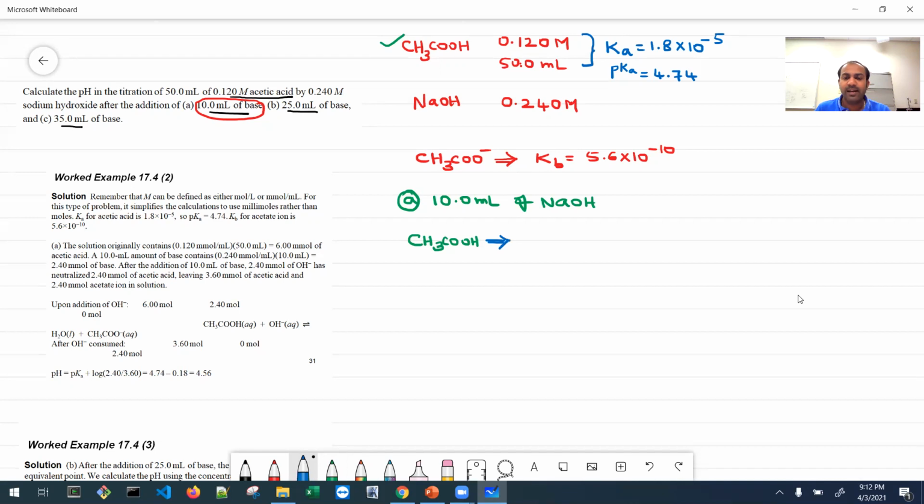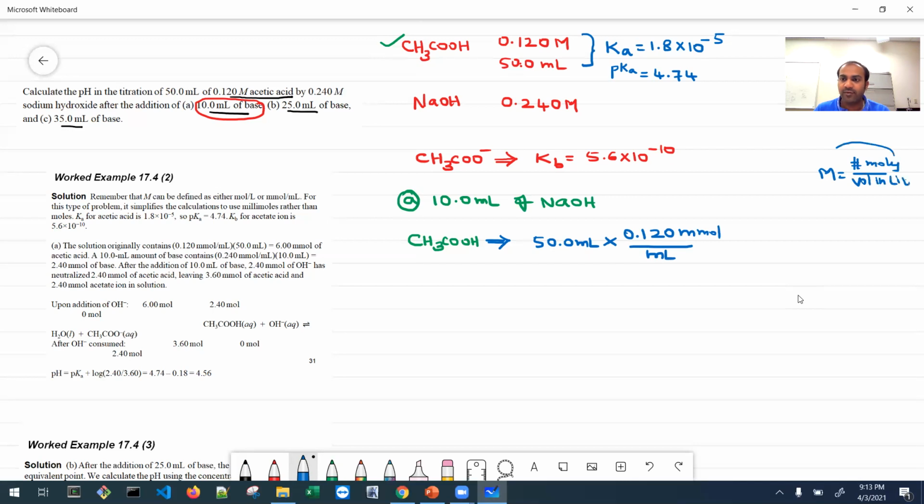So we have 50 milliliters of concentration 0.120. So you can just write it down as 0.120 millimoles over milliliters. And I hope you know why I'm doing this, because I use the formula, the molarity equals number of moles over volume in liters.